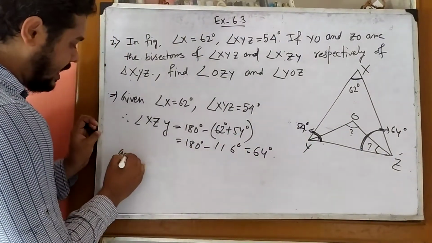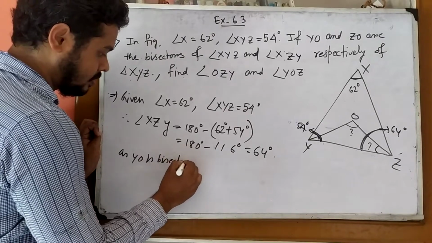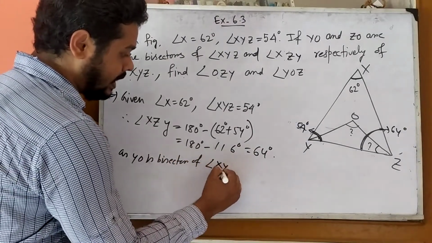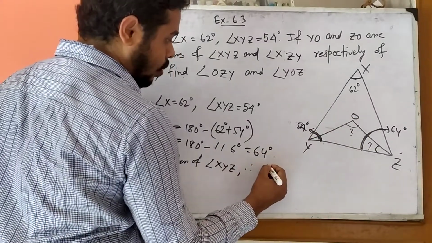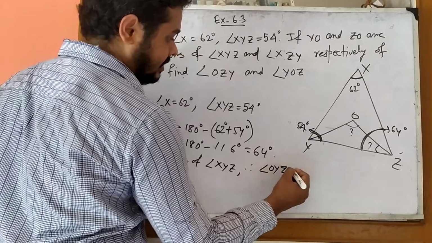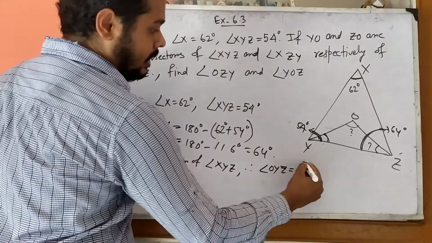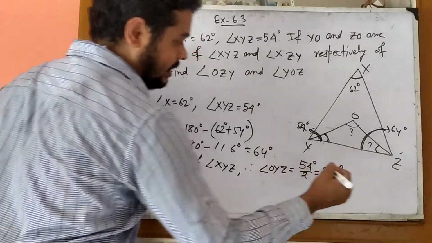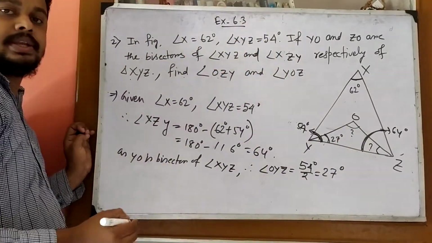Now as YO is the bisector of angle XYZ, therefore angle OYZ, this portion, will be half of the whole, that is 54 by 2, that is 27 degrees. So this is our 27 degrees. Clear?